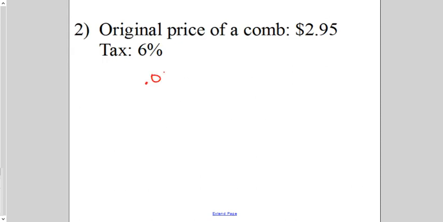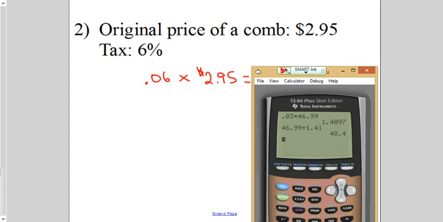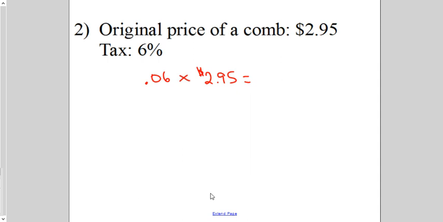So 0.06 times $2.95 is going to give us our tax. This is your tax, but we don't want that third decimal place, so it's going to round to 18 cents.